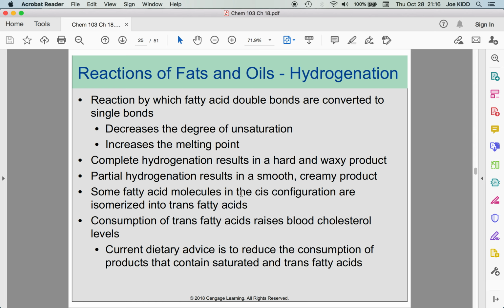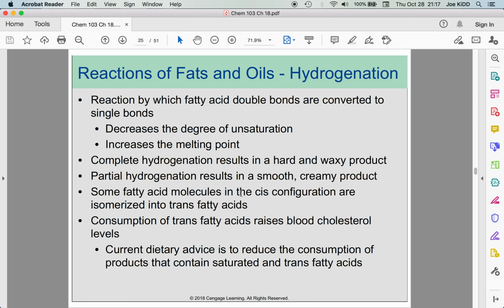Now you may be wondering what purpose it would ever serve to increase the melting point of something by removing double bonds. But for most of us, we've probably at some point experienced eating margarine. Margarine is not real butter, but it's a desirable kind of intermediate, right? Margarine is made typically from oil.